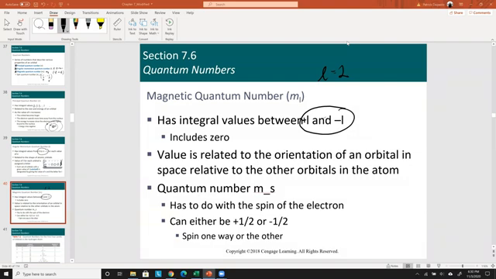And let's say L equals 2. So what are the possible values? Eric, that's a good start. -1 and +1. What else? 0. Yep. There's 2 more. Good job, Alex. -2 and +2.